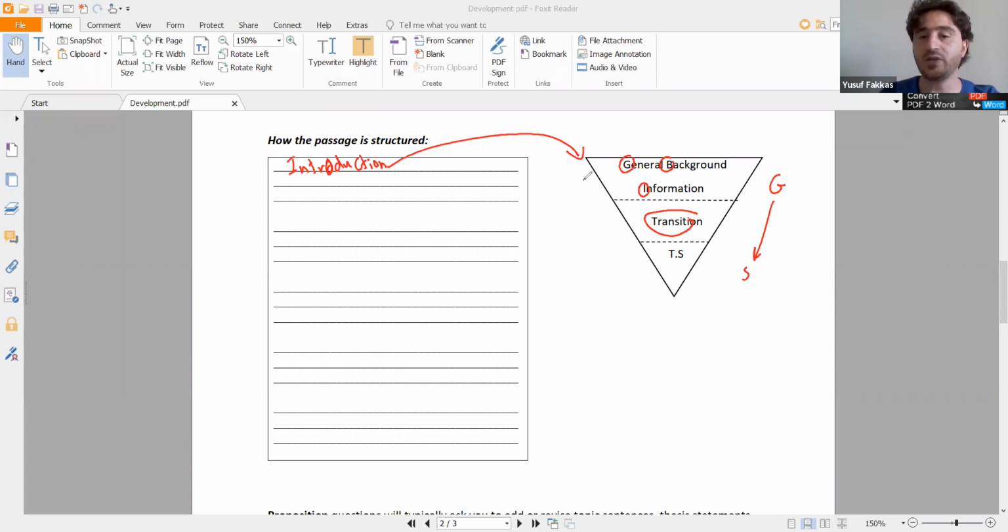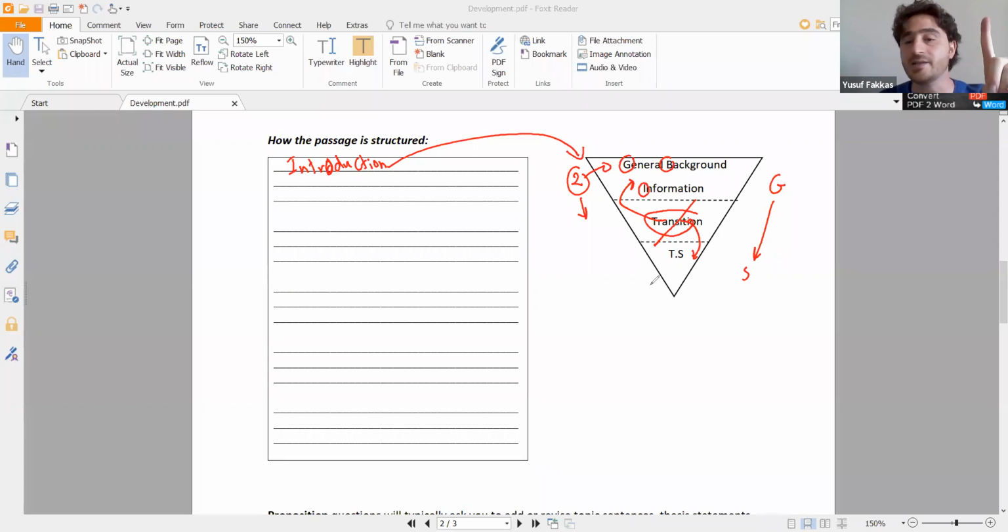So for example, if we have 2 sentences that are dealing with general information, okay, you can move after that to a transition. It can be also 1 or 2 sentences. So the transition, how does it work? How can we call it a transition? It's a transition because half of it refers to the general information, and the other half refers to the specific idea that I want to discuss, okay?